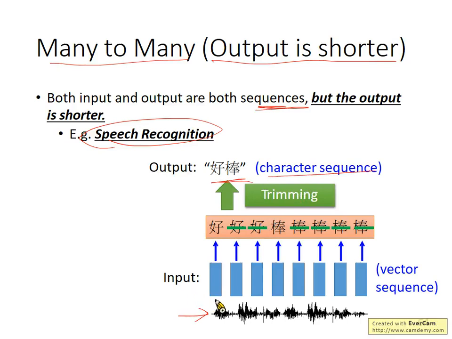For example, when I say "this is good" and we input such a signal to the RNN, the RNN will output for each time instance. We may output many results, and finally we will do some trimming, and then get a character sequence.